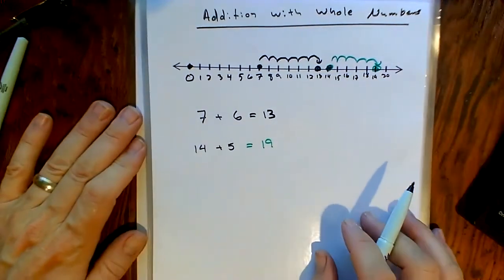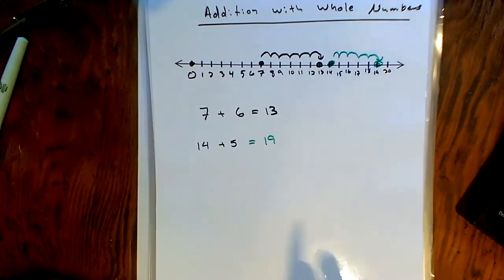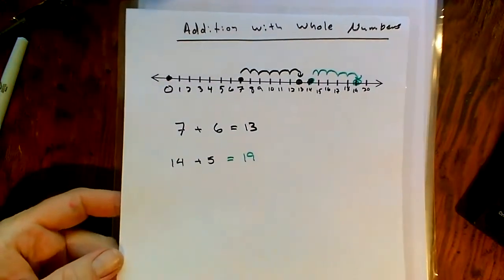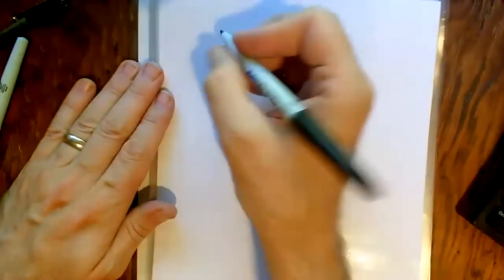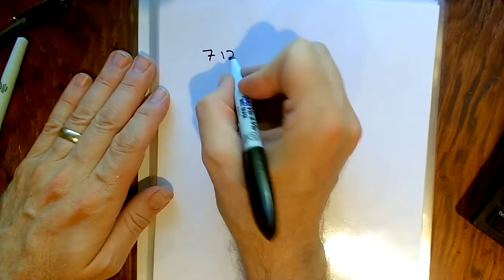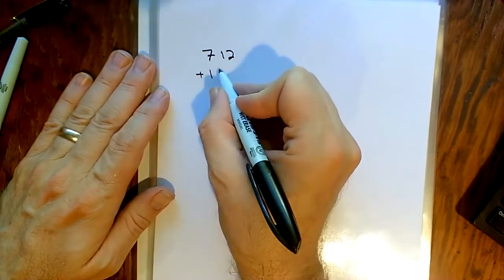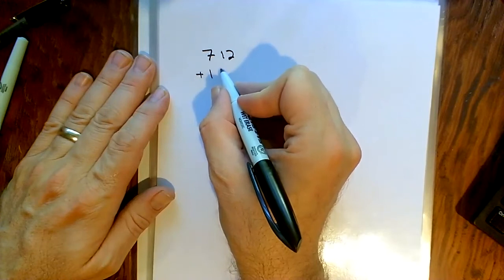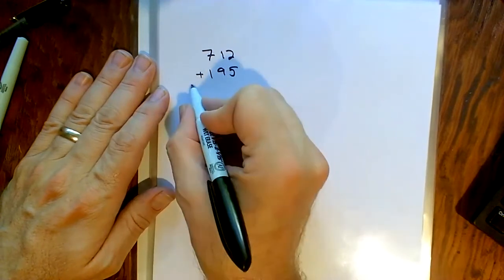However, this is the very, very simplified version. What we're going to find for larger numbers is we're probably going to want to do something like add vertically. So say we've got something like 712, and I were to add to this 195.